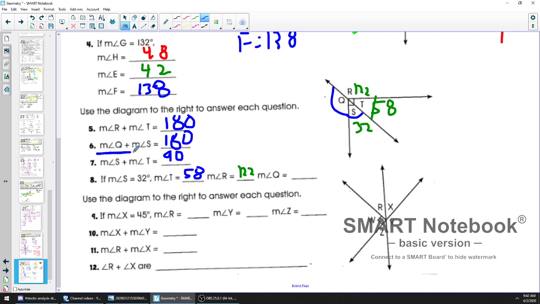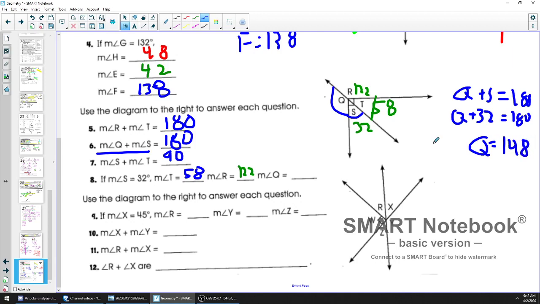And look right here, that's what's going on right here. So I have Q plus S equals 180. Now, what do we know about Q? Nothing. What do we know about S? S equals 32. So Q plus 32 equals 180. Subtract on both sides. Q would equal 148. Almost done.